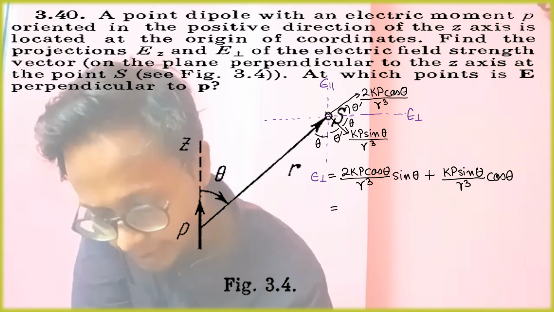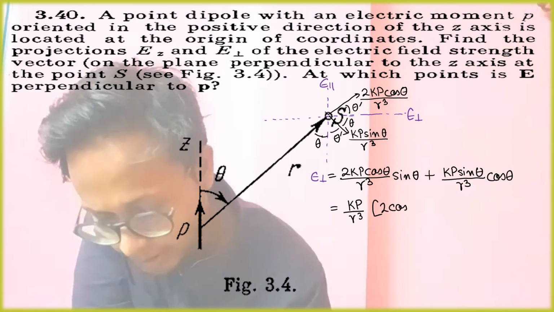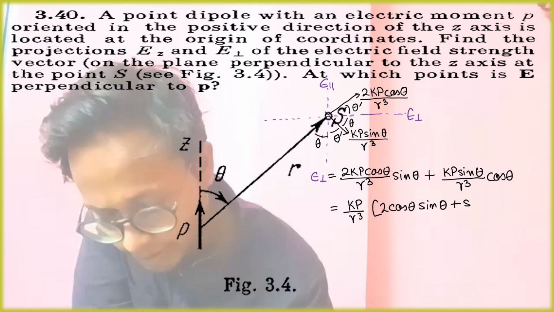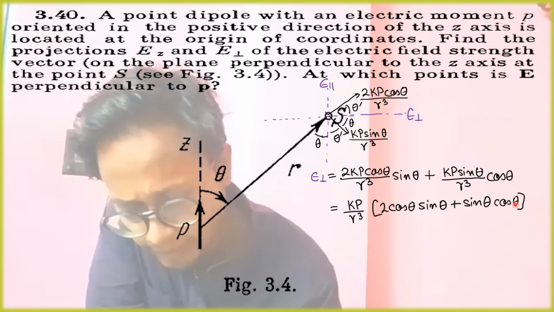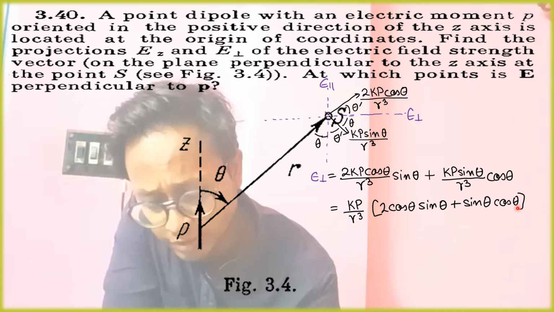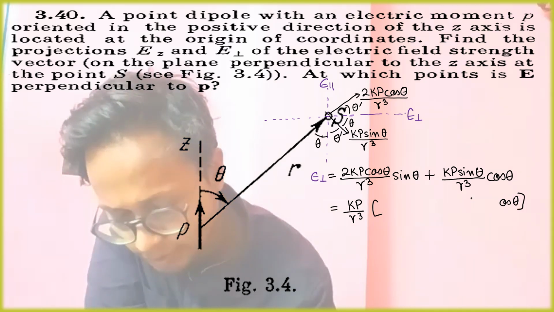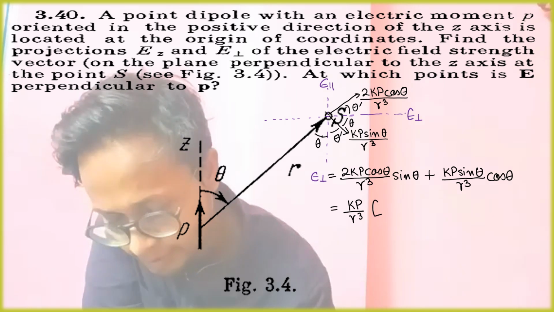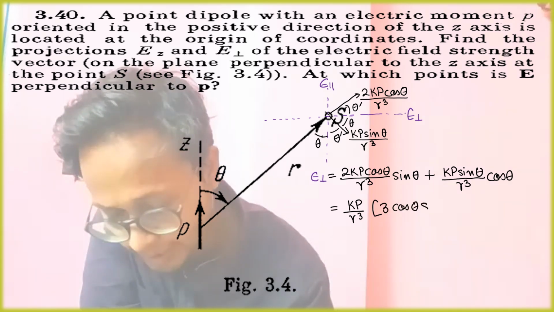If I take kp by r cube common, it is kp by r cube times 2 cos theta sin theta plus sin theta cos theta. Now these two can be added, so 2 cos theta sin theta plus cos theta sin theta is nothing but 3 cos theta sin theta.